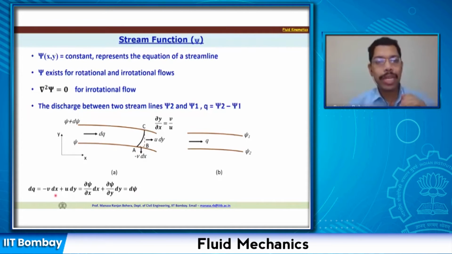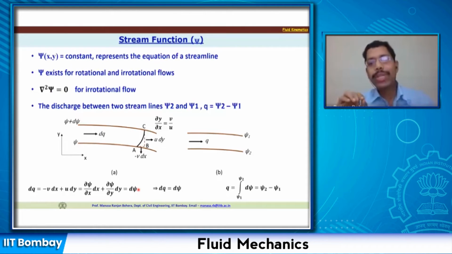Alright. So dq, or the discharge through two streamlines, can be obtained, and it is nothing but the difference between the values of the two streamlines. So I can integrate this: if dq is equal to d psi, q is equal to the integration from psi 1 to psi 2 of d psi, and then I will be able to write down psi 2 minus psi 1 is nothing but my discharge q.